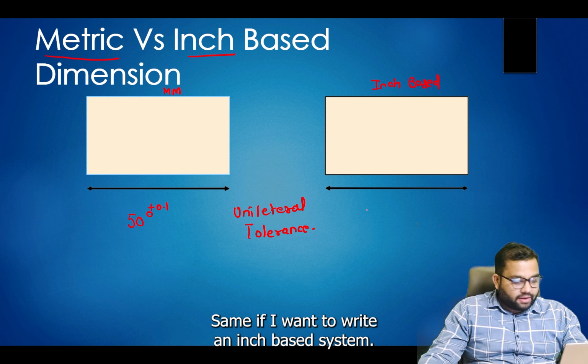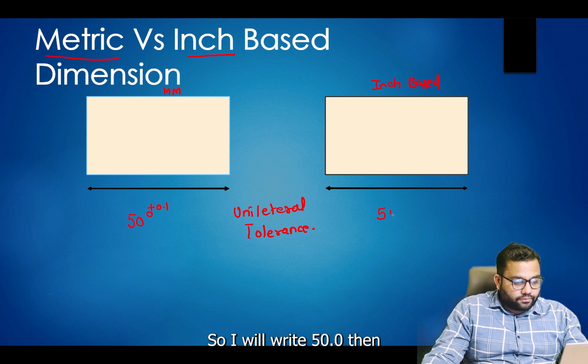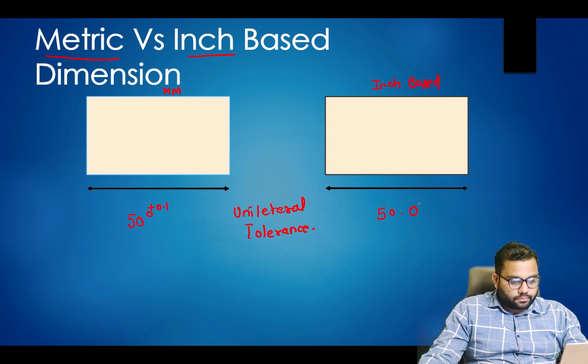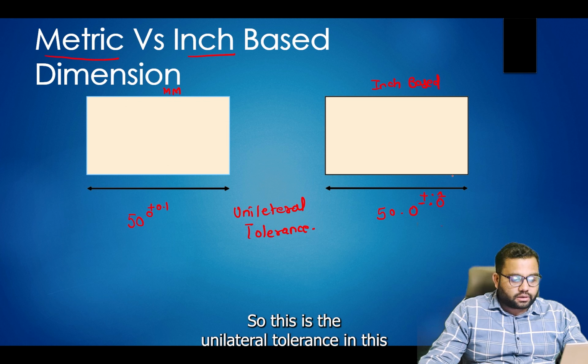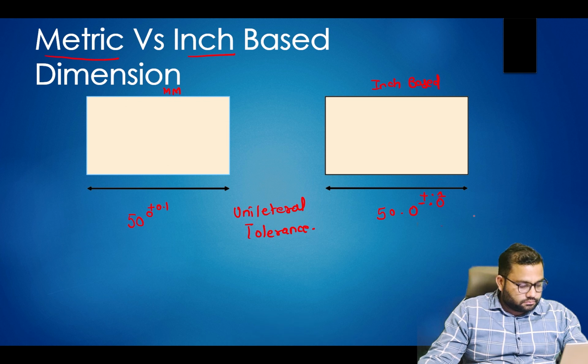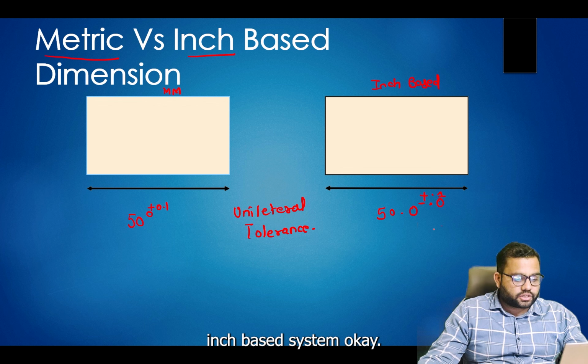Same if I want to write it in the inch based system, I will write 50.0, then minus 0.0 and plus 0.1. So this is the unilateral tolerance in the inch based system.